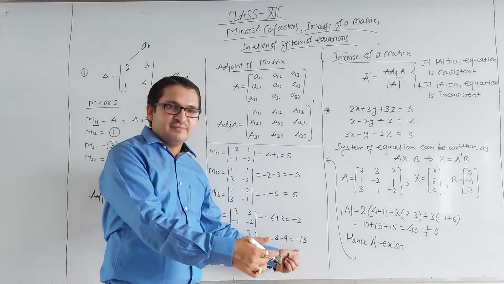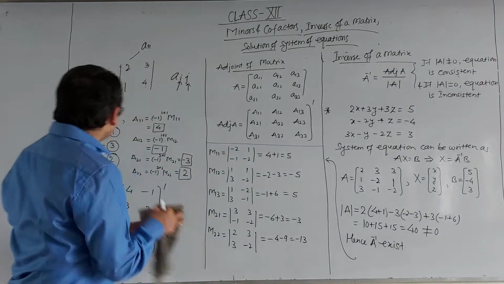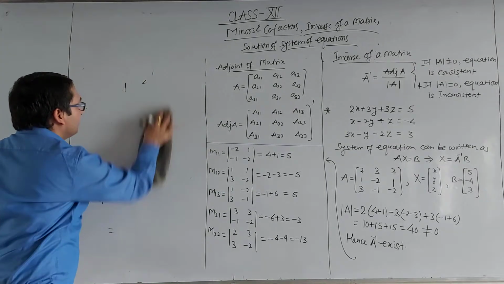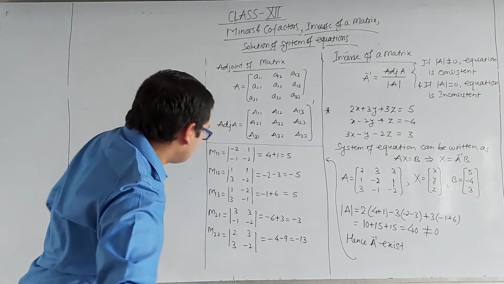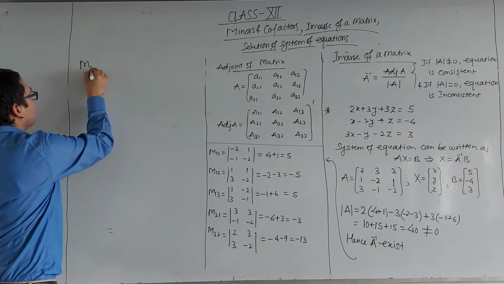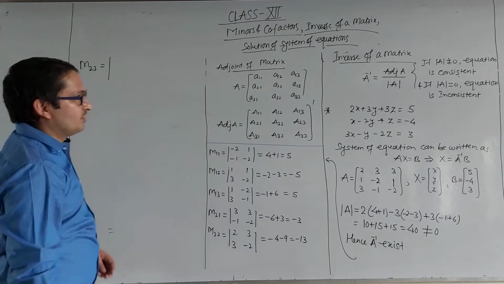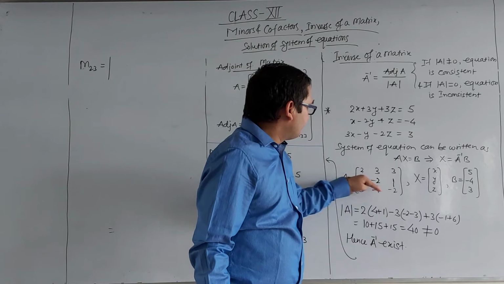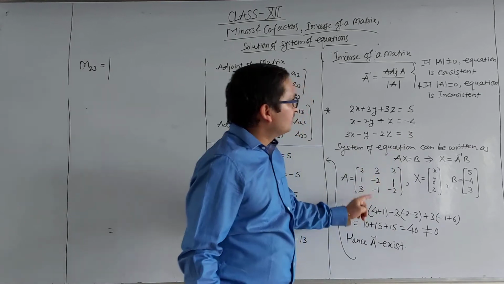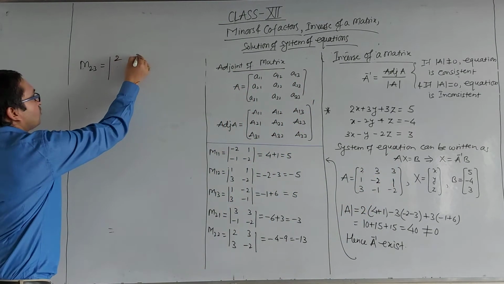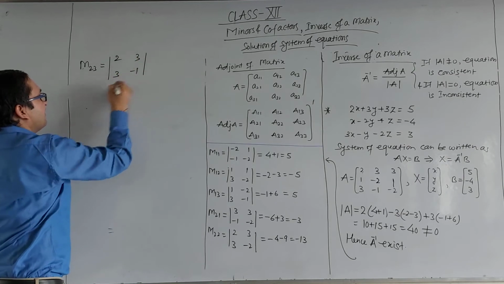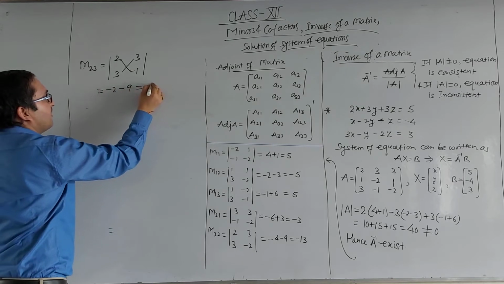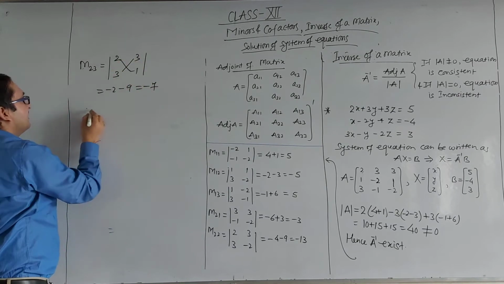The next will be M23, which means second row, third column. 2, 3, 3, minus 1. Simplify it: minus 2 minus 9, 3 into 3 is 9.